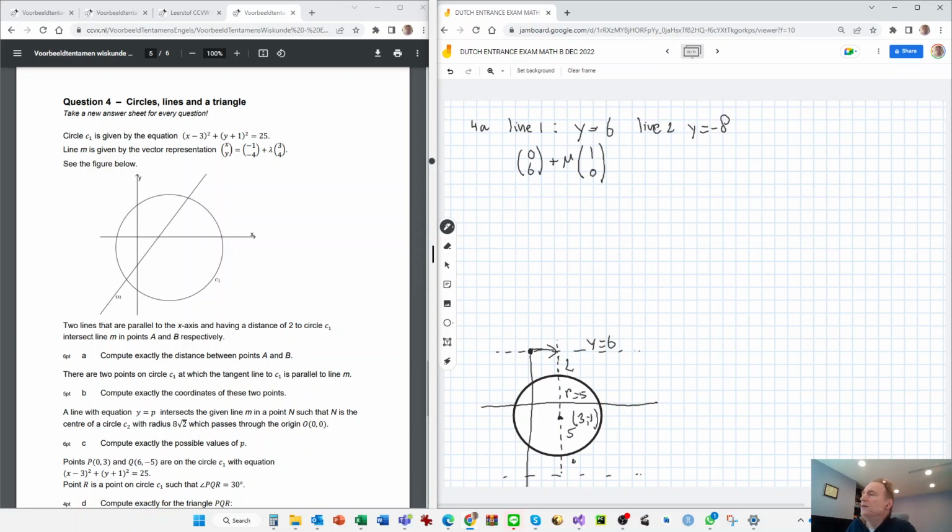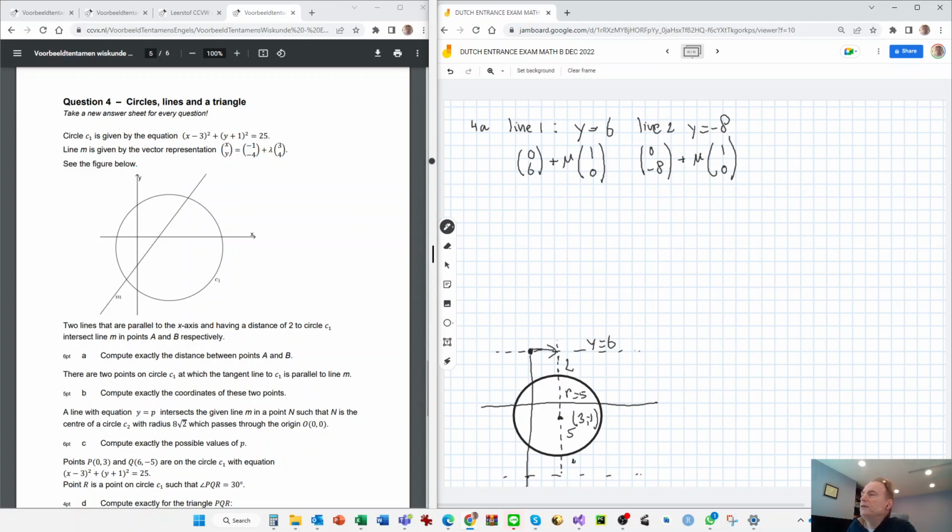And then line 2, well, this point here is (0, -8), and the directional vector is the same, (1, 0).